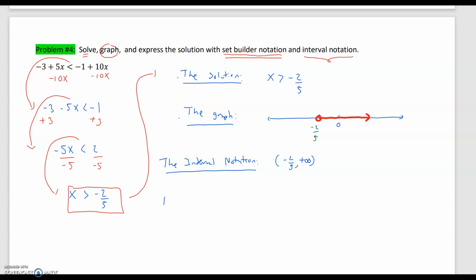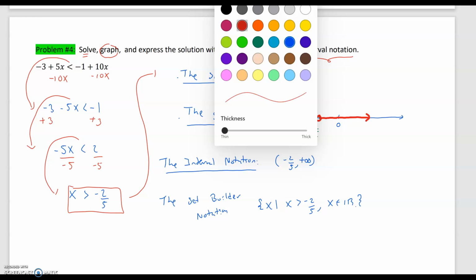And the set builder notation is going to be the set of x's such that x is greater than -2/5. And let me use the symbols. In this case, x is an element of the real numbers. And let me close the actual set.